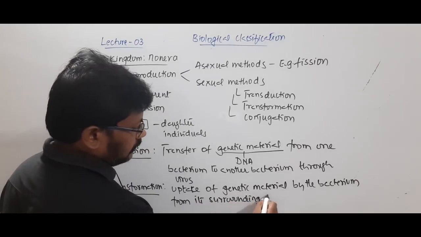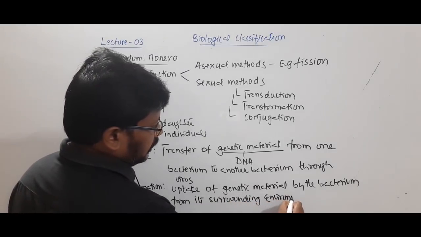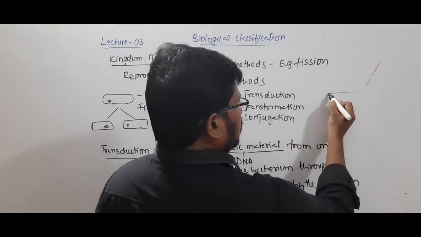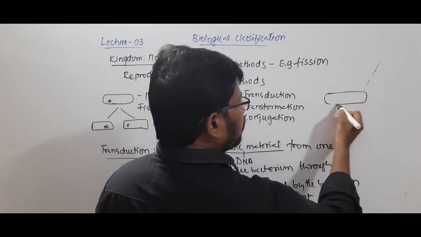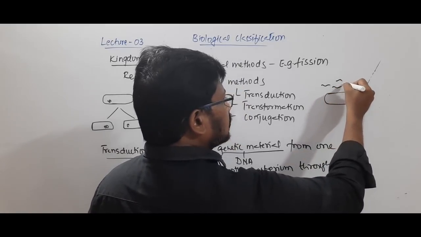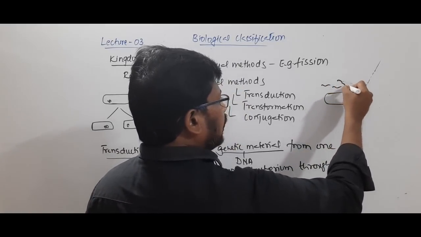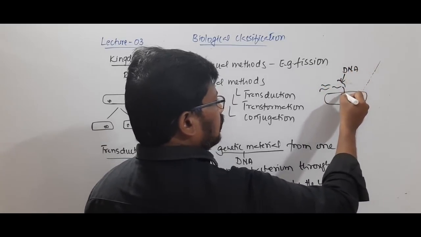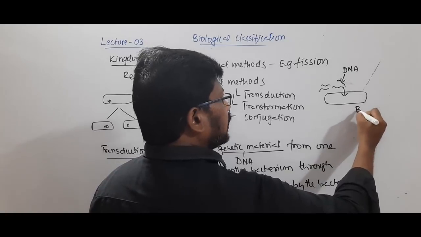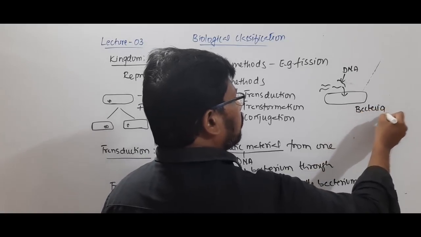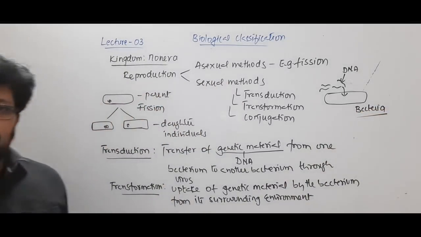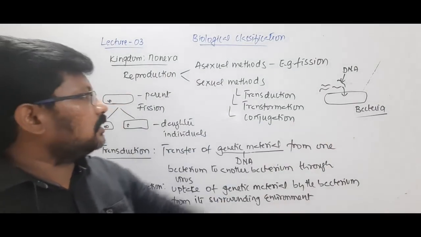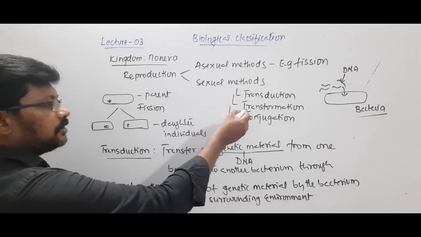Say here this is a bacterium and this is a DNA, and this DNA will get into the bacterium and become part of its genome. Then such a mode of sexual reproduction is called transformation.